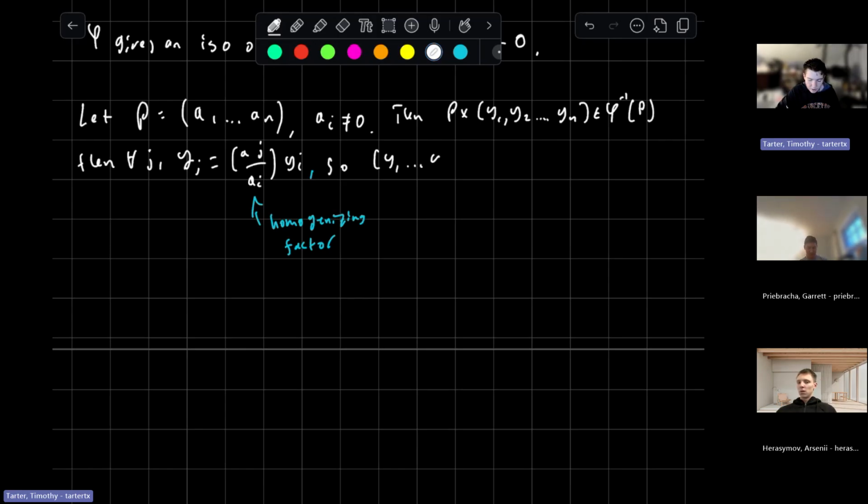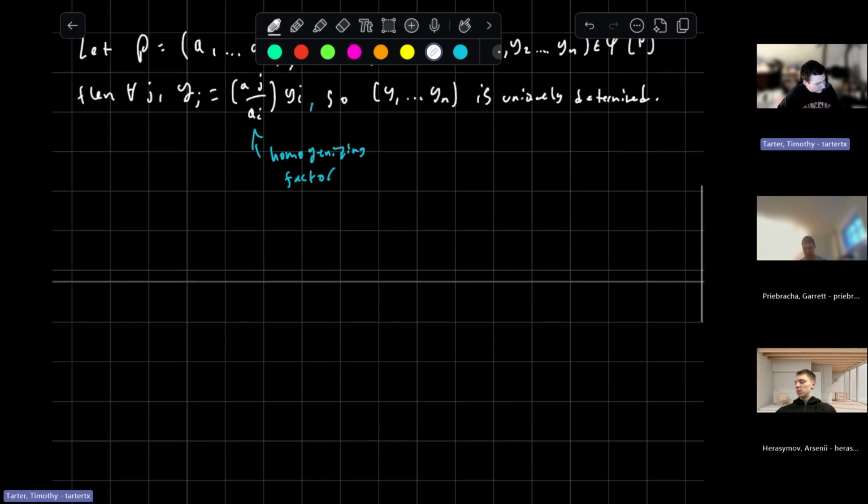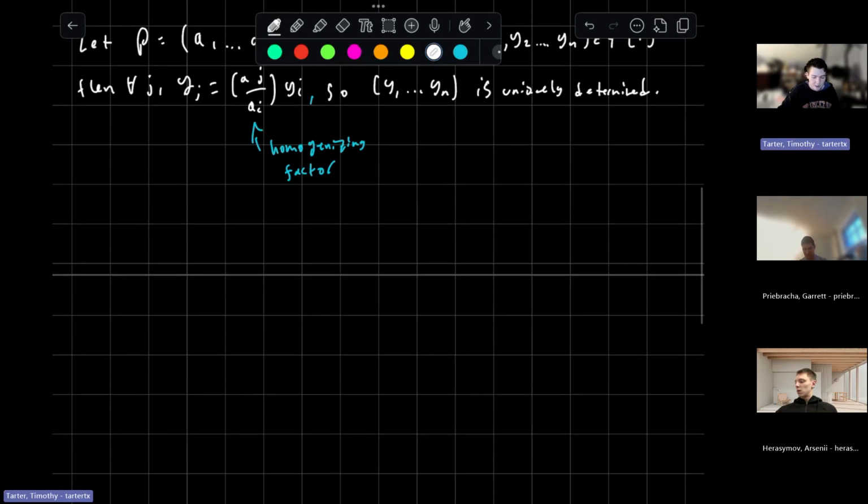So y1 through yn is uniquely determined as a point in Pn minus 1.